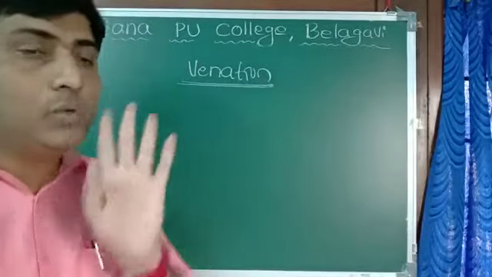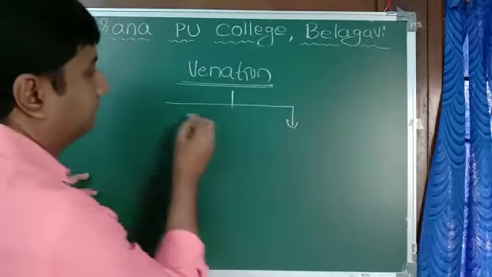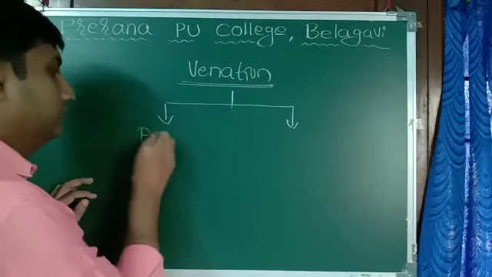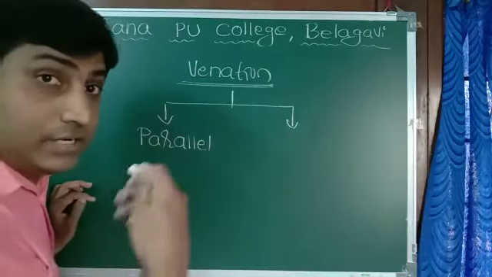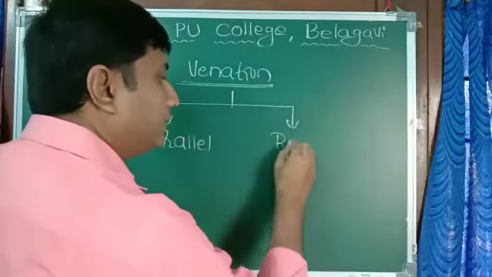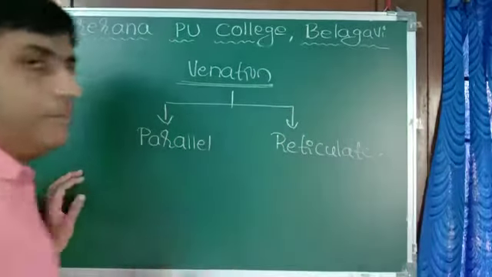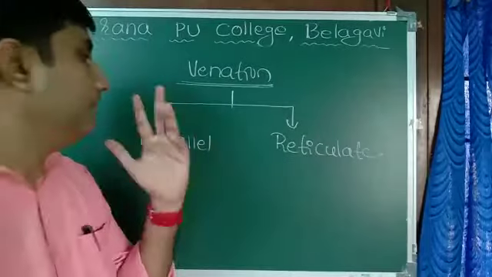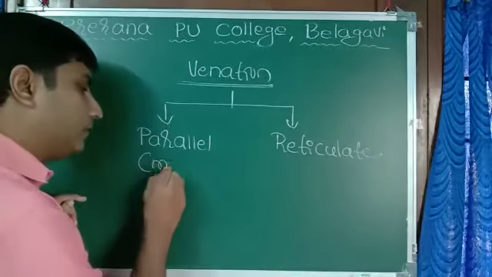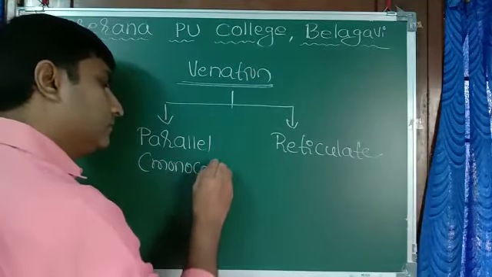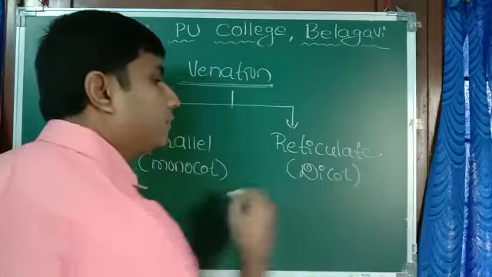There are two types of venation: parallel venation and reticulate venation. Parallel venation is seen in monocot, and reticulate venation is seen in dicot.